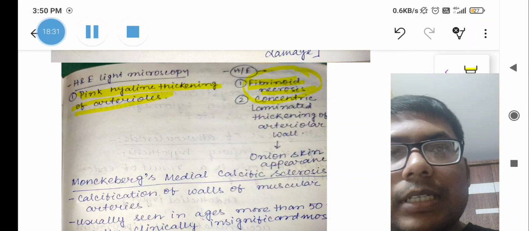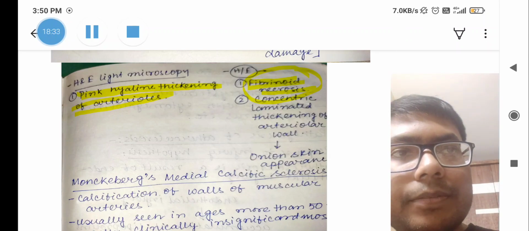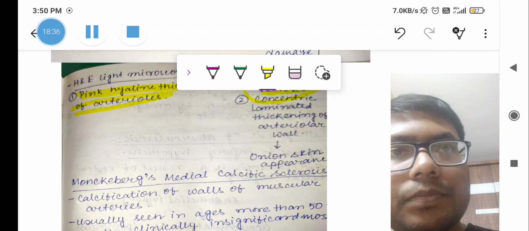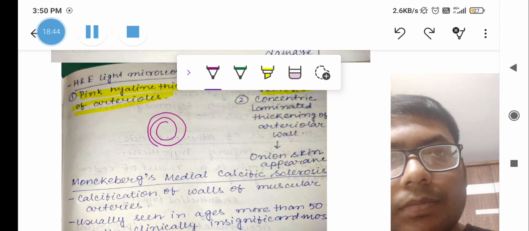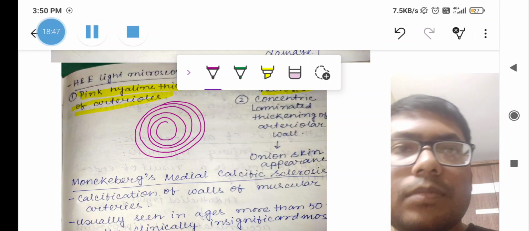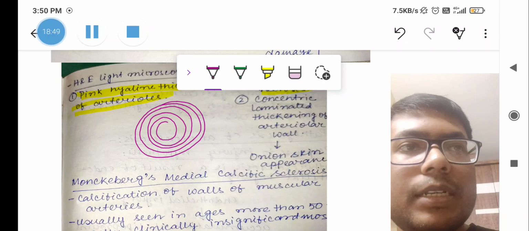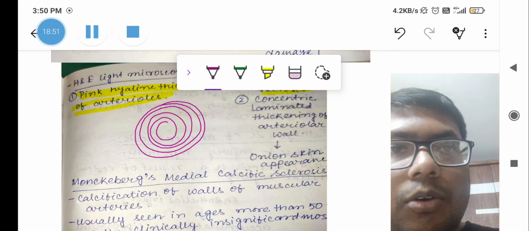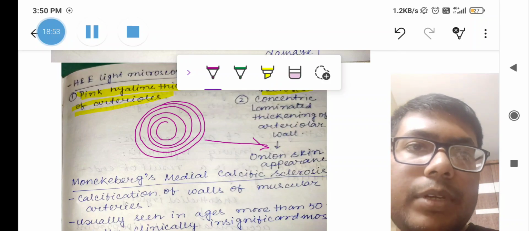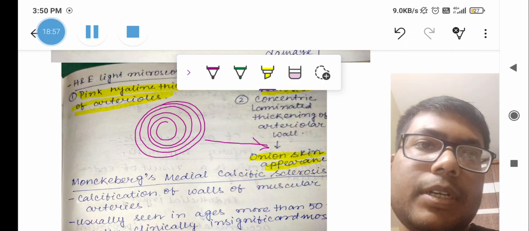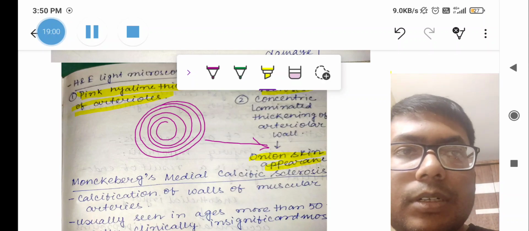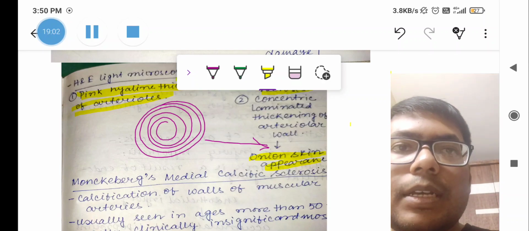It just looks like an onion skin appearance, and it is very important. It is asked many times in NEET PG.